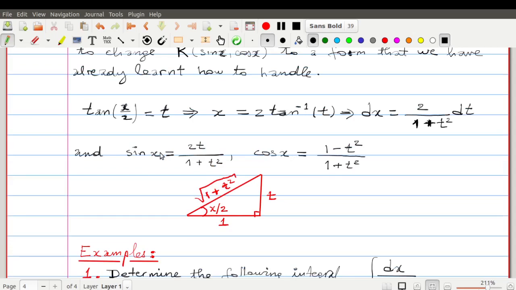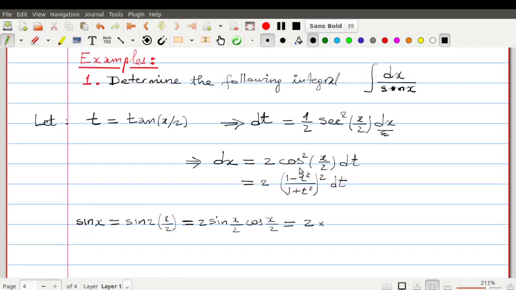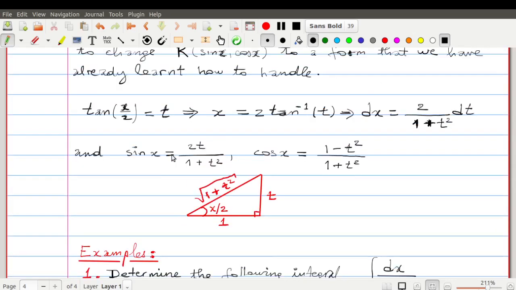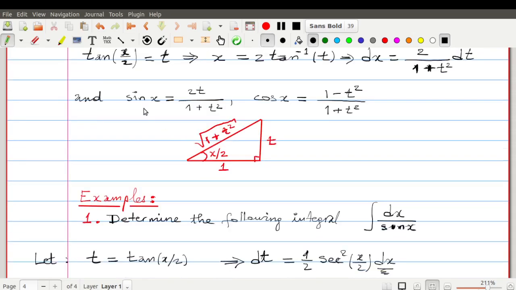What I used here is wrong, because I used the half angle and substituted for the full angle. In our formula we have sine and cosine of full angles, not half angle. If you want to write that in terms of half angle, it will be completely different. So what I substituted was not correct. This is x, whereas I used x by 2. So we can come back here.